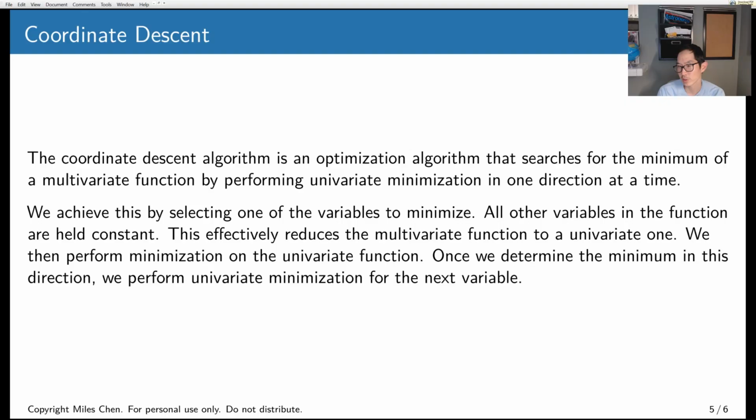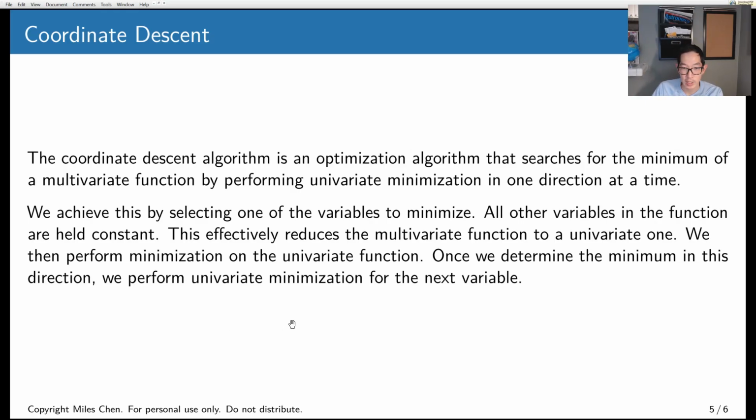So you just hold everything but one variable constant, and then you minimize the remaining variable, okay? When you hold the other variables constant, that reduces the multivariate function to a univariate function, and then you perform minimization on the univariate function. And then once you determine the minimum in that direction, you plug in that variable value, and then you perform univariate minimization for the next variable.